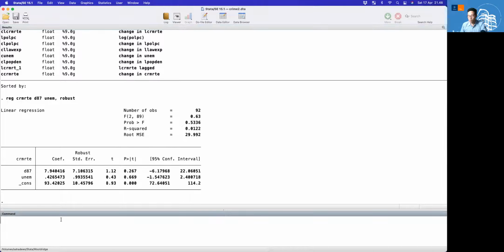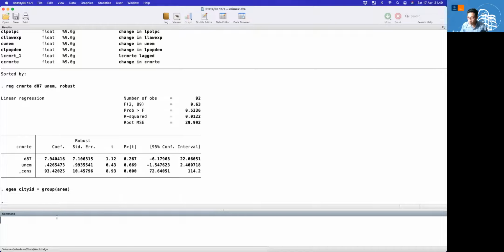So what I'm going to do here is use the egen function to create the CDID by taking advantage of the area variable. The area variable doesn't change over time, and it's specific to that particular CD. So we can identify the CDID. Now I'm going to redo the pooled OLS estimation of crime rate on second period dummy and unemployment.